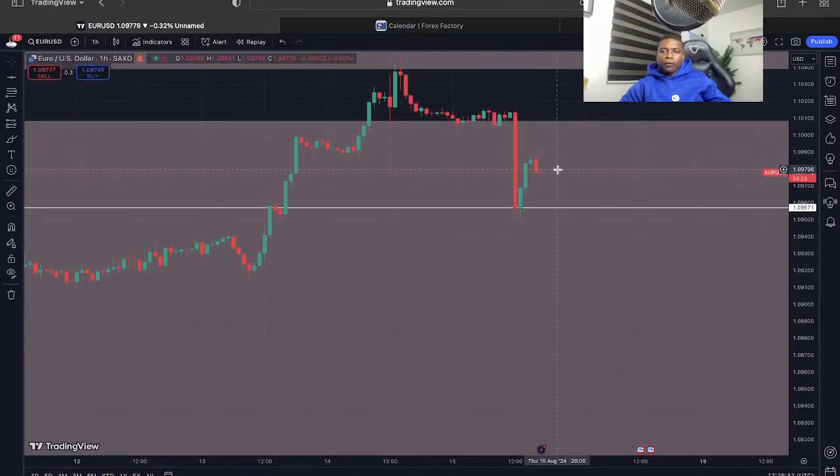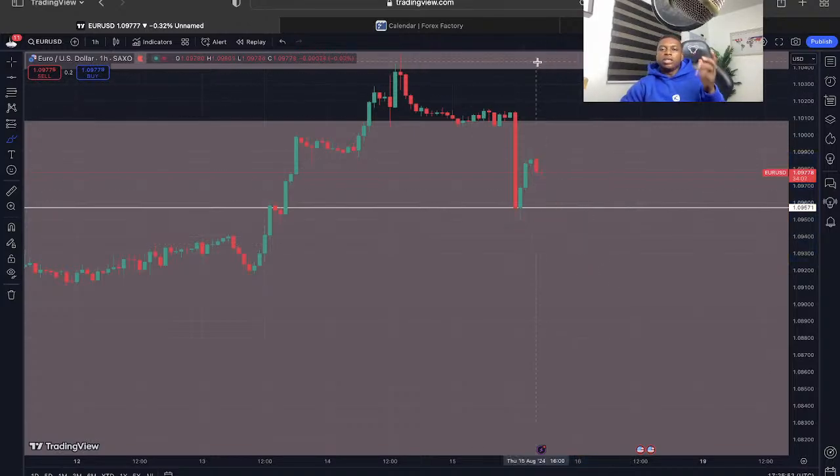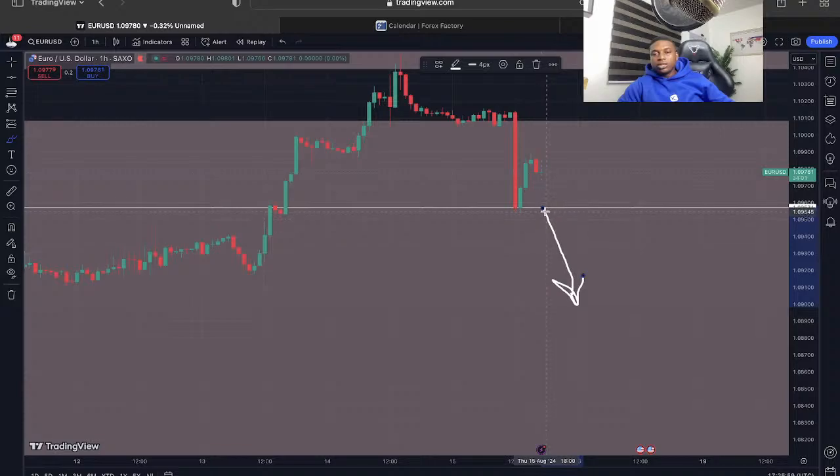For those who can't wait to set their sell order here and want to sell from this level, it's another opportunity for you. You can see price go up here, then come down and finally go down. Either of the two, Euro USD is selling off from this level.